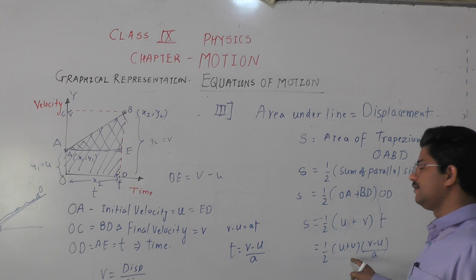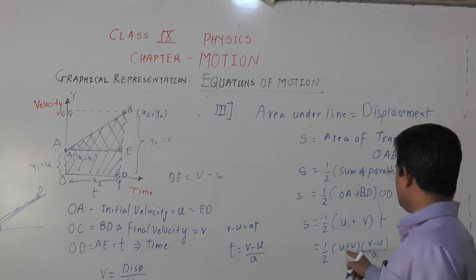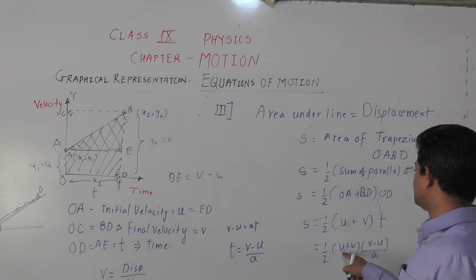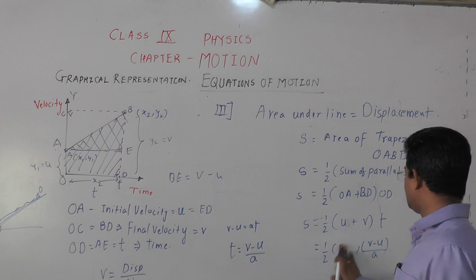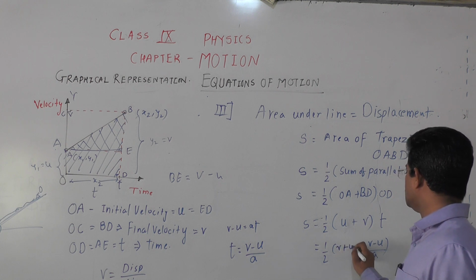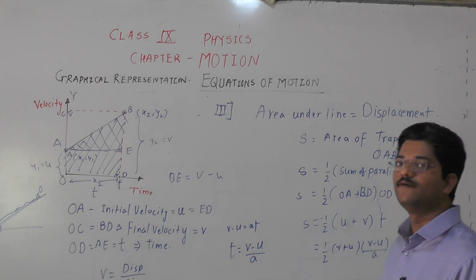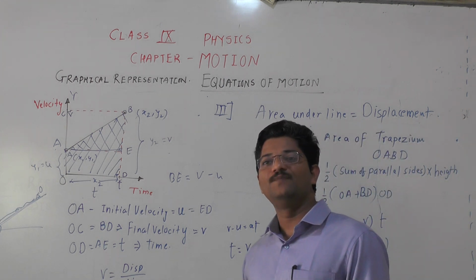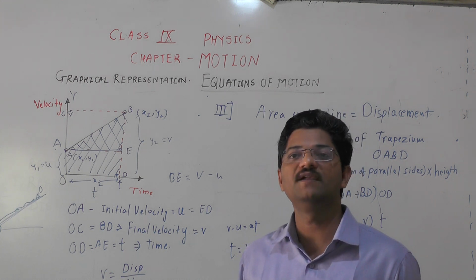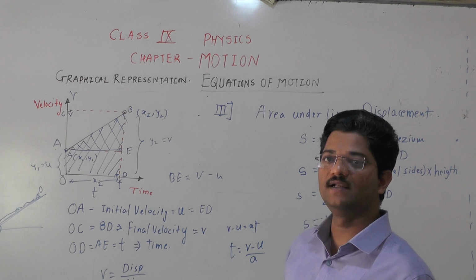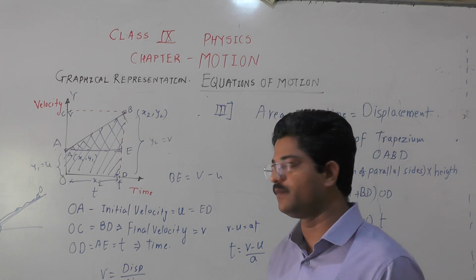Now again we will take the help of mathematics. Here one pattern is there: V plus U and V minus U. It closely resembles A plus B into A minus B. Yes, that formula is A square minus B square, which equals A plus B in the first bracket into A minus B in the second bracket.